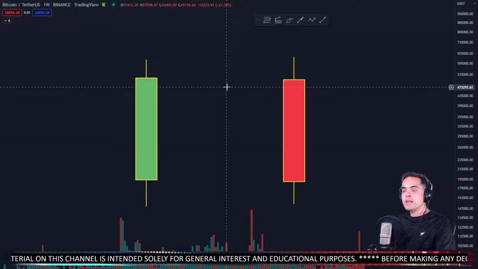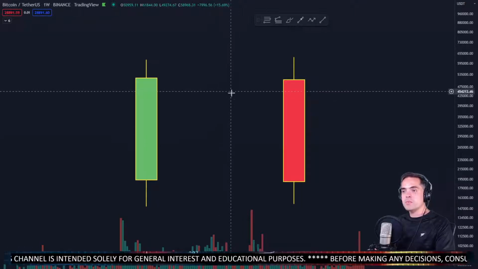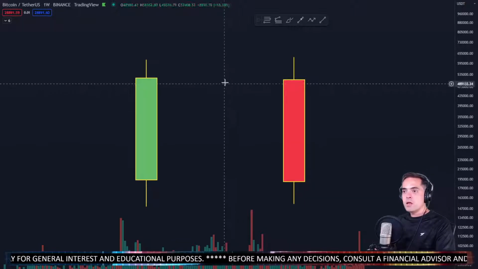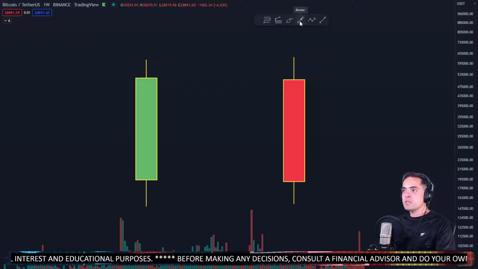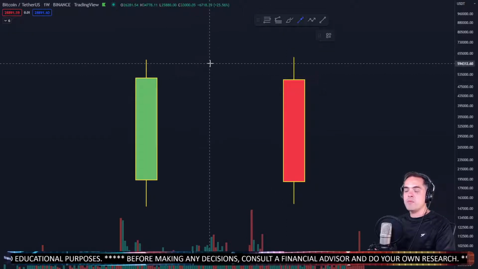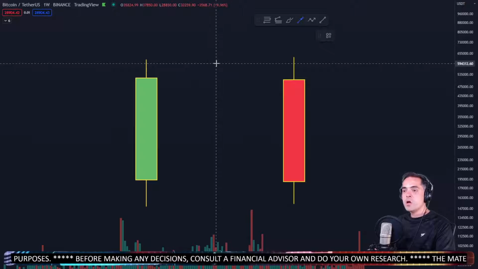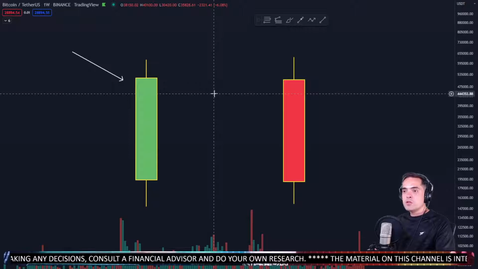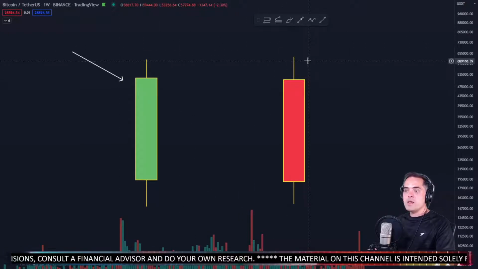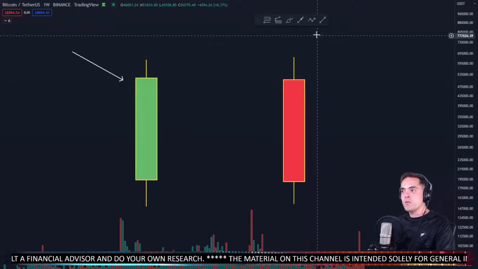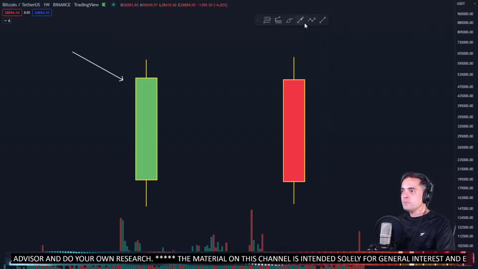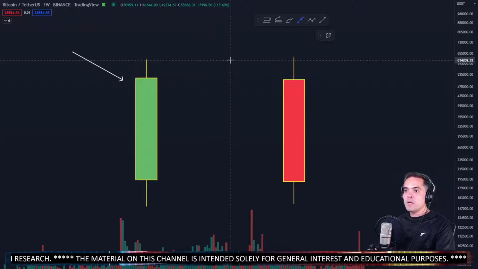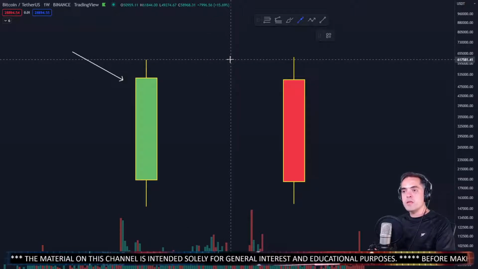I will talk about that in a minute, but let's talk about the structure of a candlestick. First thing, let's pick this up on our left hand side. We have a green candle. Let's pick the green candle first, and the idea will be basically the same for the red candle. On the green candle we have basically three things.